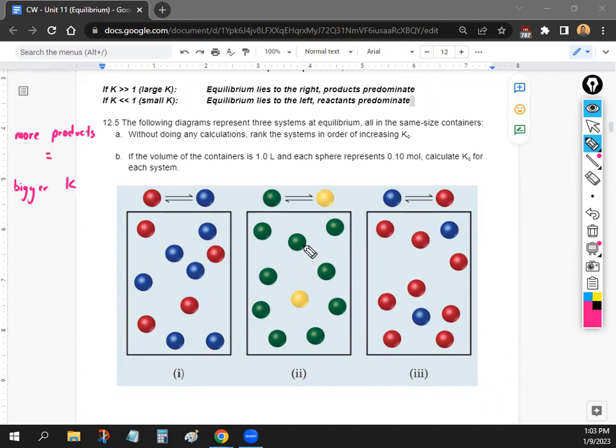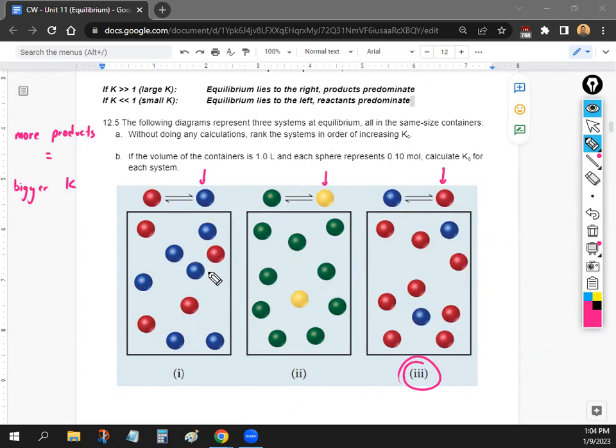So if you take a look at these, which one of these boxes has the most products relative to the reactants? Yeah, the third one, because the red one is the product, right? The products are on the right side. And so this one has basically all red spheres and only 2 blue ones. And so this one is going to be the highest K value, okay?